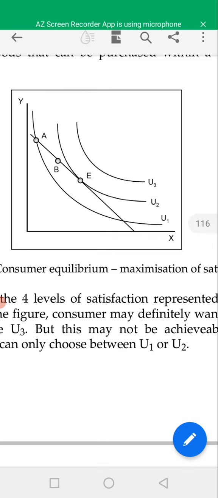So that is condition number one: the bundle must be on the budget line. The second condition is that the bundle must be on the highest indifference curve. So it should be on the budget line and on the highest indifference curve. Those are the two conditions that must be met for a maximizing bundle.